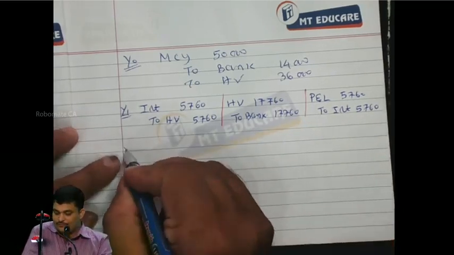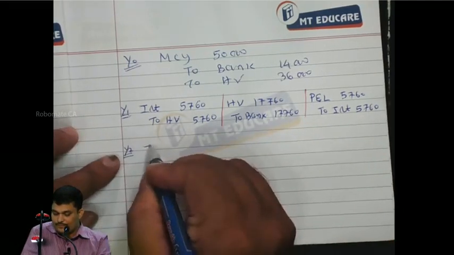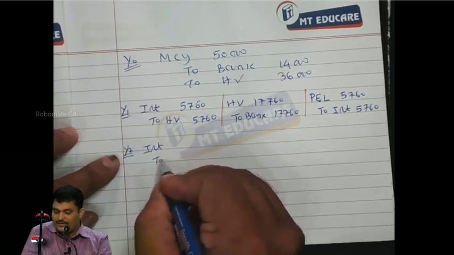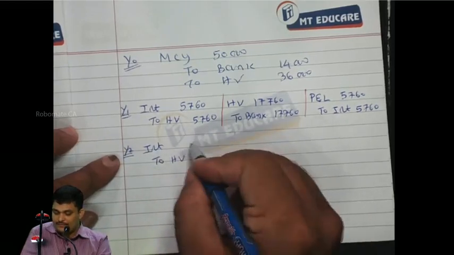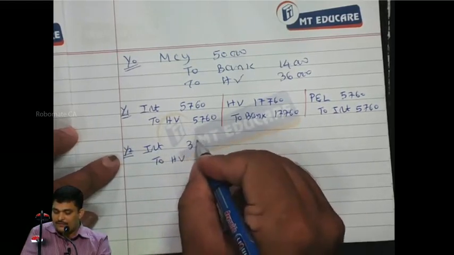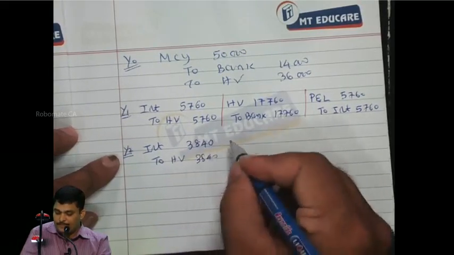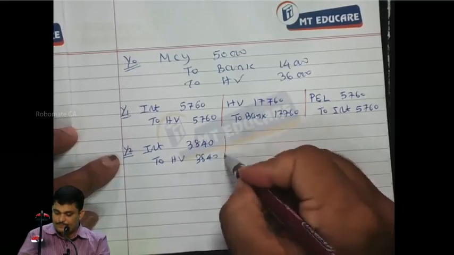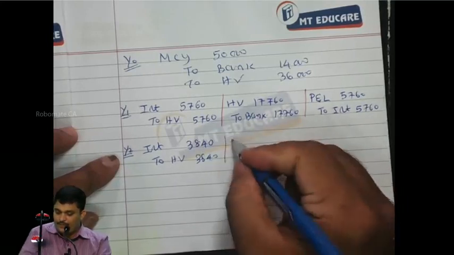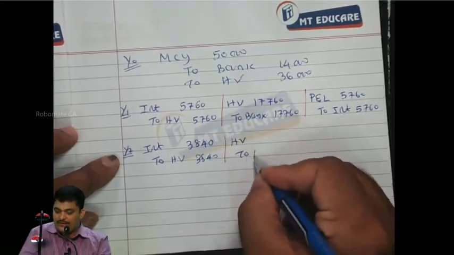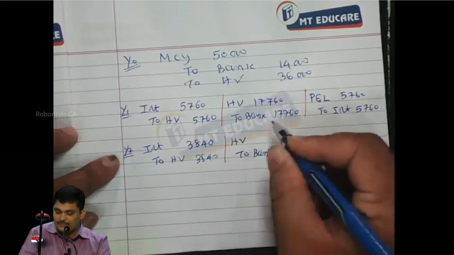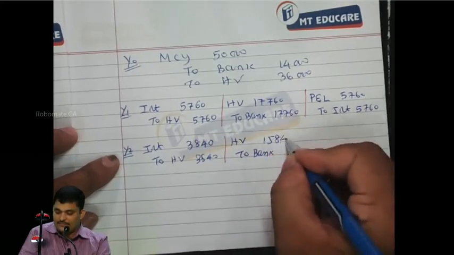Now year 2. Interest to hire vendor 3,840. Hire vendor to bank 15,840.